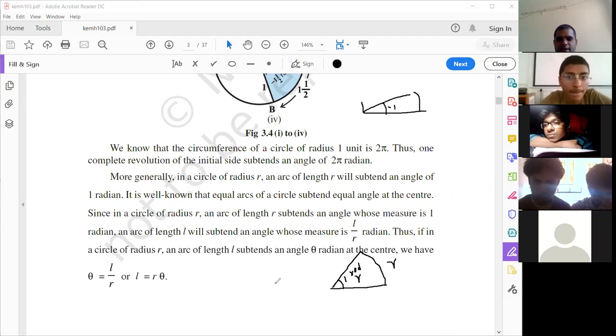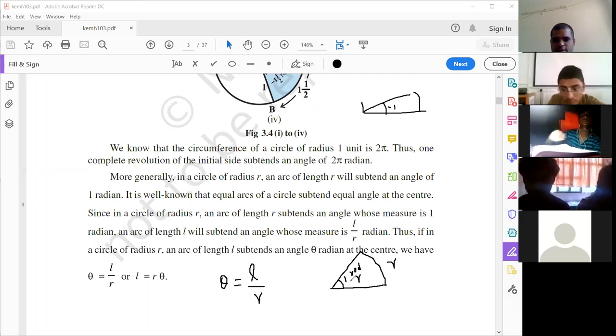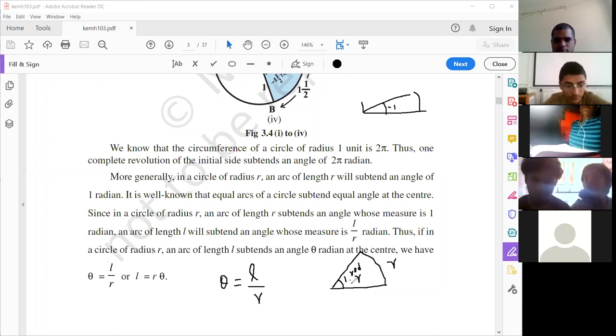So from that it comes that theta is equal to L by R, where theta is in radians. This is the relation. ये रिलेशन क्या है, देखो ये तुम्हारा थीटा है, this is theta and this is r, ठीक है?